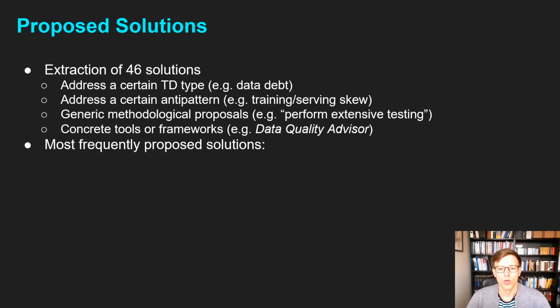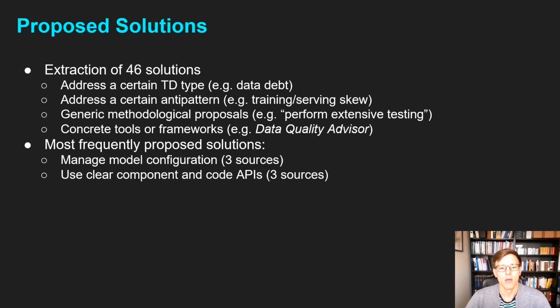Some solutions were proposed frequently. For example, one solution was to explicitly manage your model configuration. This solution suggests to use the same treatment for model configurations as you would for source code, so reviews and versioning, for example. Another proposal was to use clear component and code APIs to combat glue code and pipeline jungles.